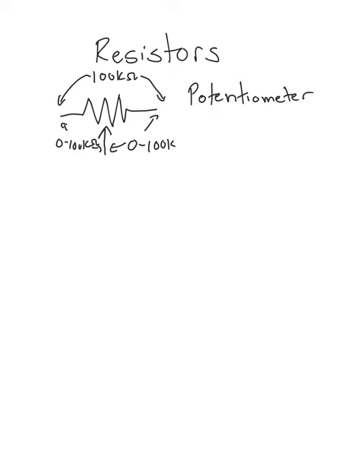What it's going to look like most of the time in the lab is a circle with a knob, and then it has 3 tabs sticking out the top. If I number off my tabs as 1, 2, and 3, we need to match that to our symbol.